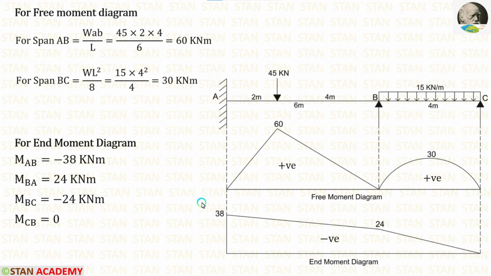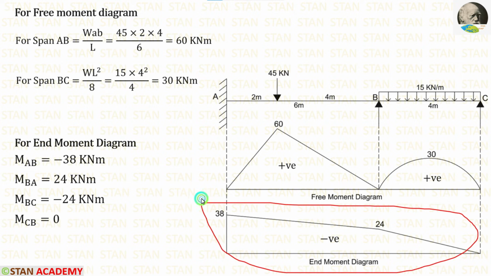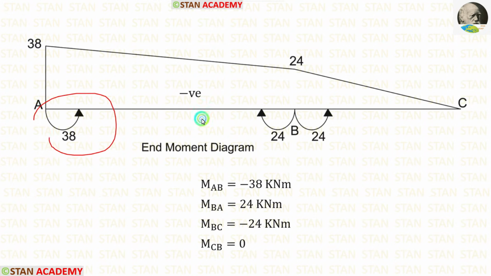Now let's see how to make the end moment diagram. Using the end moments, we have to make this diagram. First, we have to draw these curves. MAB is acting in the anti-clockwise direction, MBA is acting in the clockwise direction, and MBC is acting in the anti-clockwise direction.